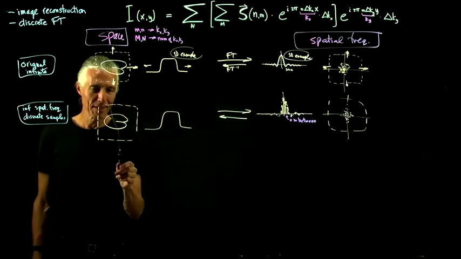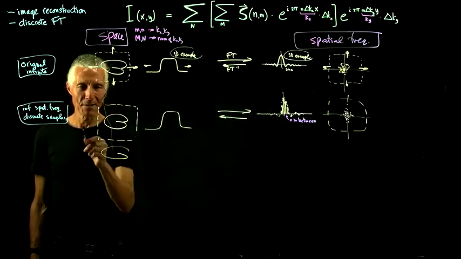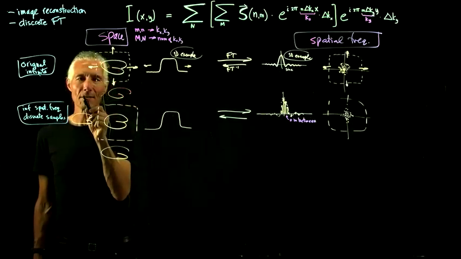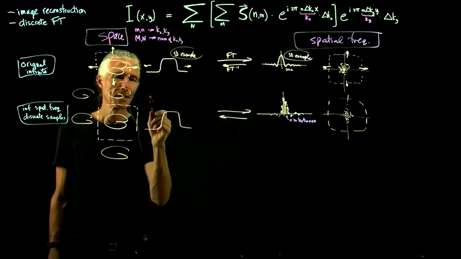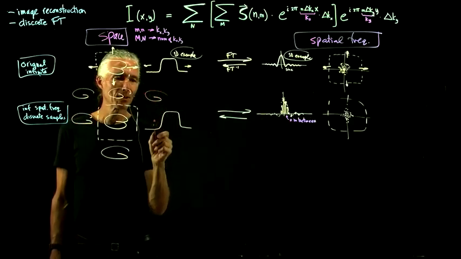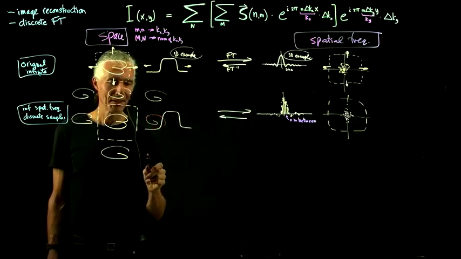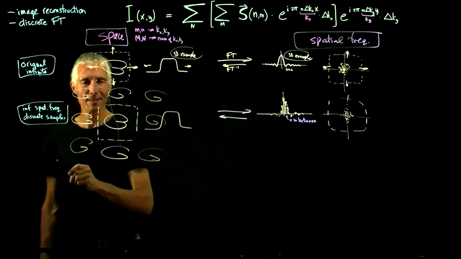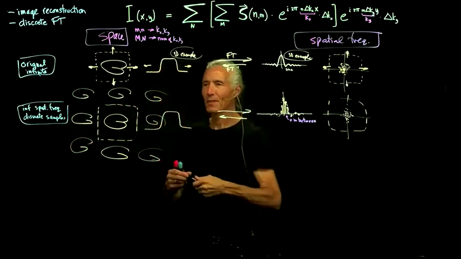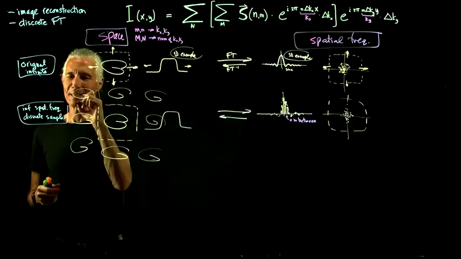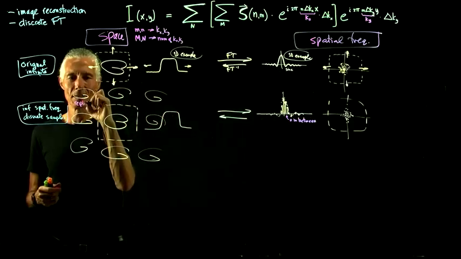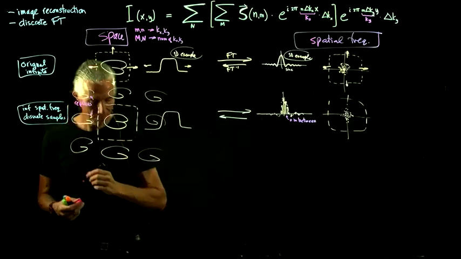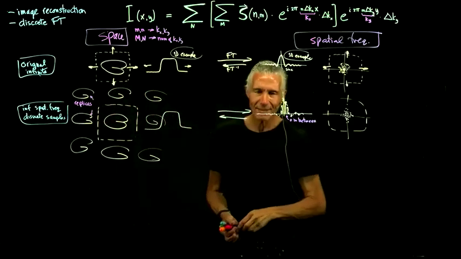And so what happens is you get a whole bunch of replicas. When you Fourier transform that, we're still infinite. You'll end up with this whole giant grid of brains, like this. They're all spaced the same space apart. These are called replicas because they're exactly identical replicas. And what causes that?